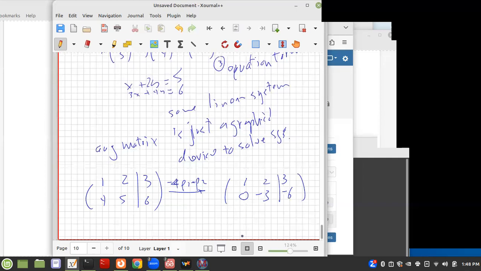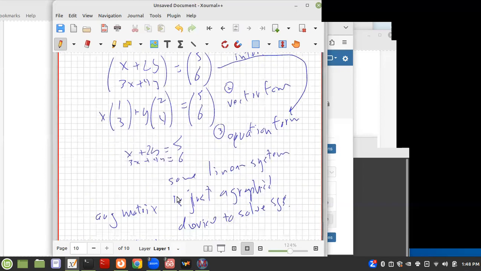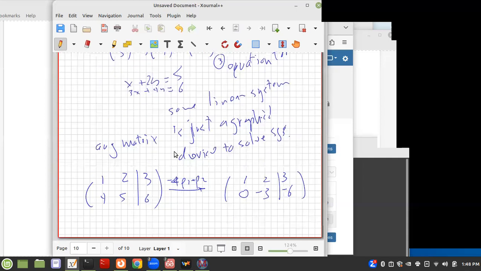Yeah, I know, that's what I'm talking about, the matrix form of that row operation. How do you do that? Oh, you just keep using that.